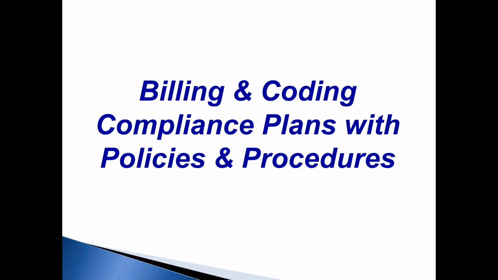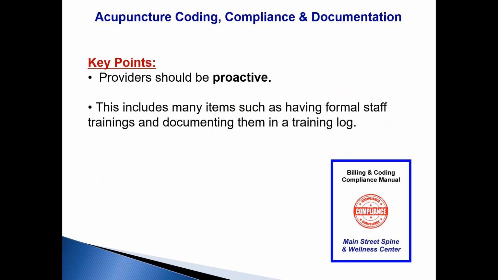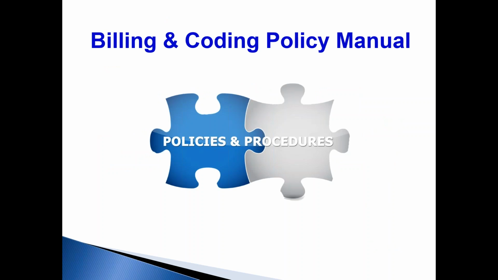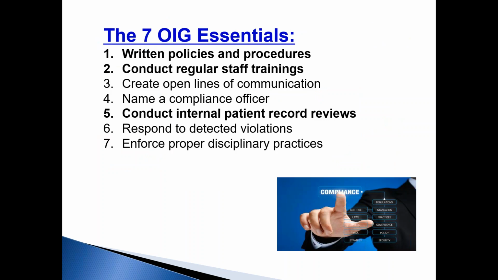Bill compliantly, document compliantly, put together a billing and coding policy manual. That's what I would recommend. Have an acupuncture billing and coding policy and procedure manual. This includes having formal staff trainings. It includes written policies and procedures, conducting staff trainings, looking at your records, do an internal review of your records.